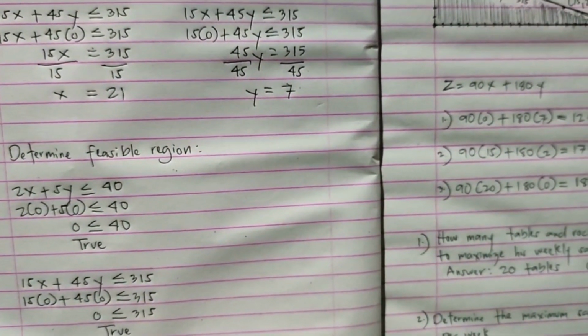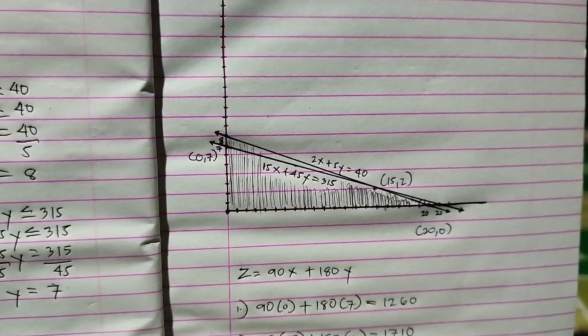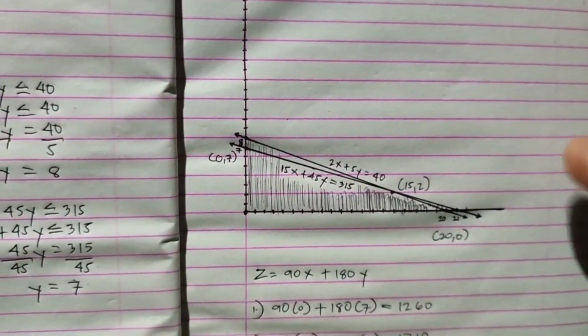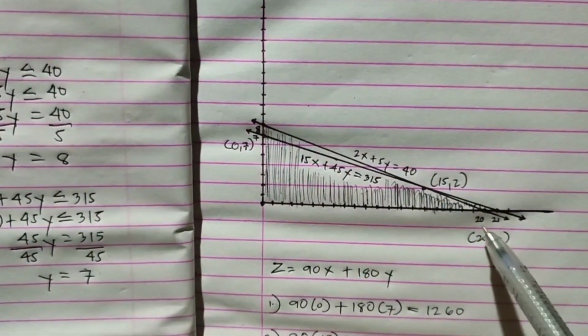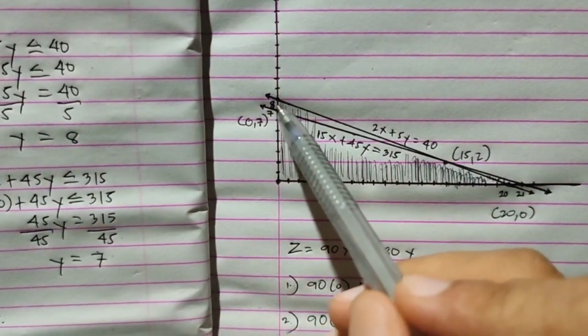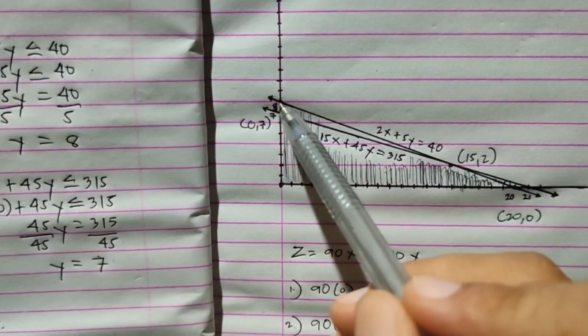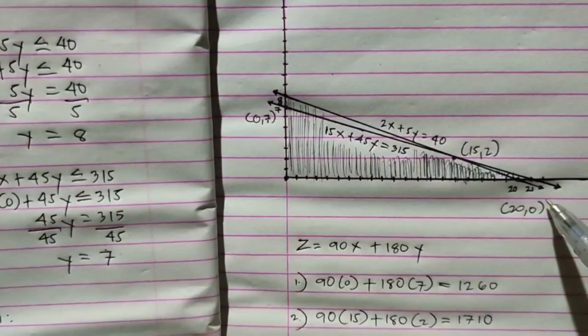So let us now proceed to the plotting sa ating x and y. For the first equation, the x is 20 and the y is 8. So, ito, for the first equation mo to, ito siya.